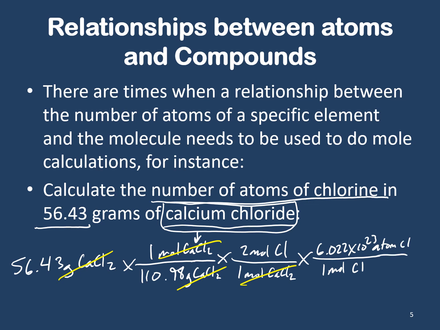And here now I'm canceling my moles of Cl, and I'm left with atoms of Cl, which is what I was asked for. I can now calculate this, and I get 6.12 times 10^23 atoms of Cl.